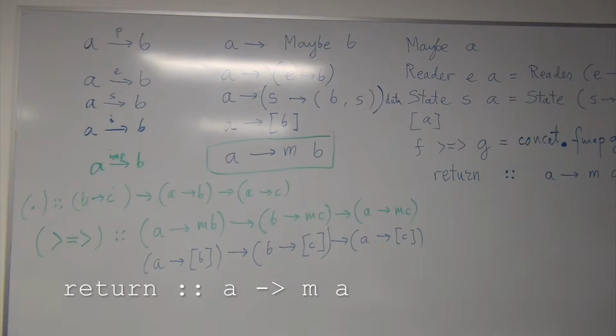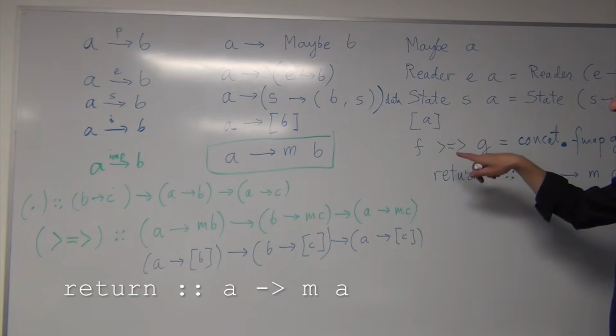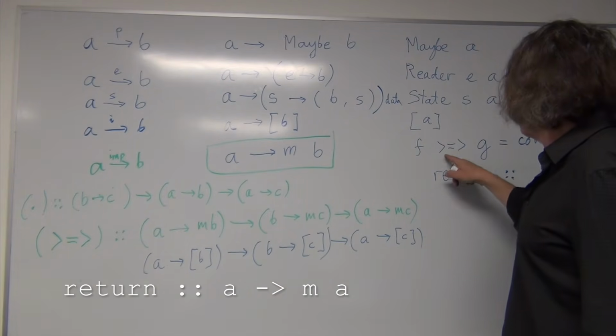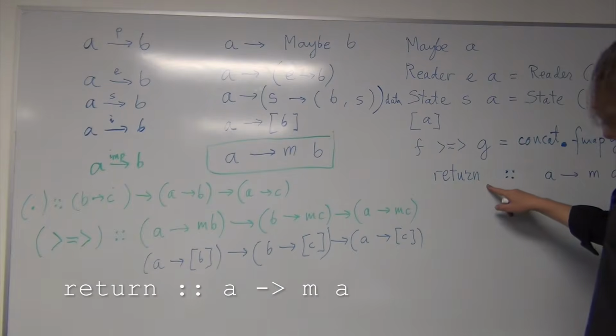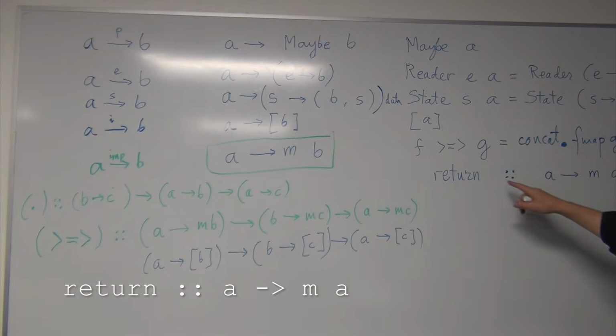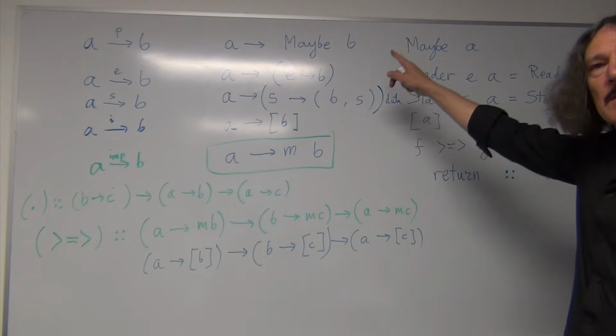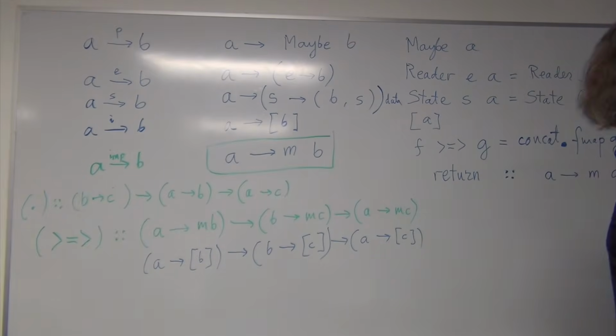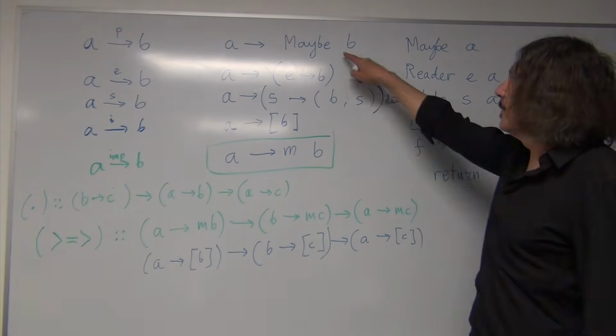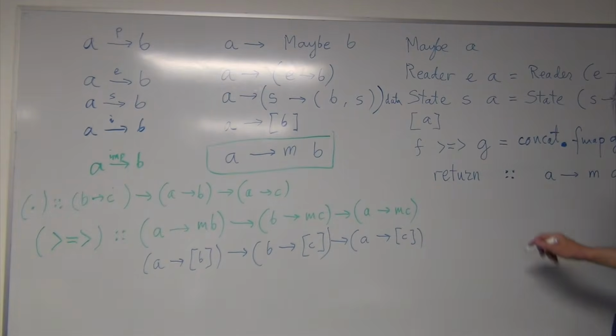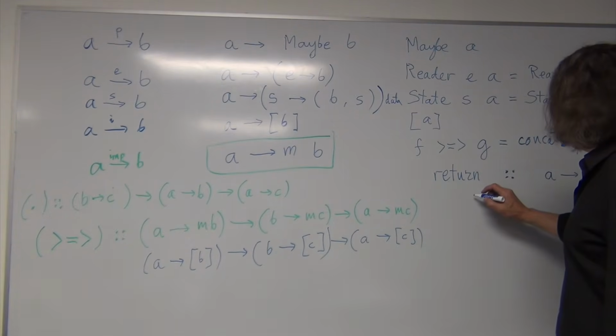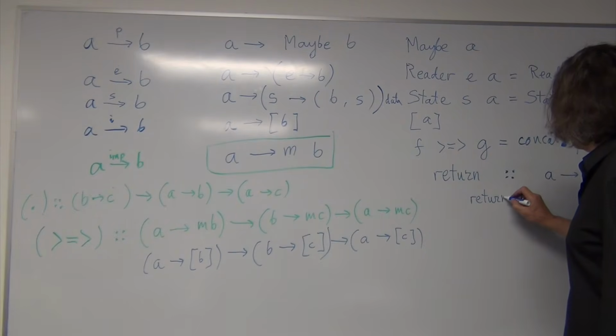So we have to define a fish, and we have to define return, and this return is different for each of these cases. For instance, what would it be for Maybe? It would return Just.